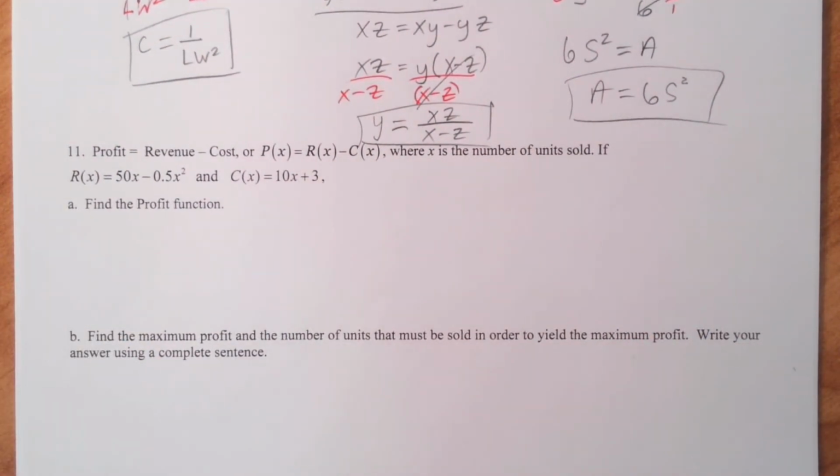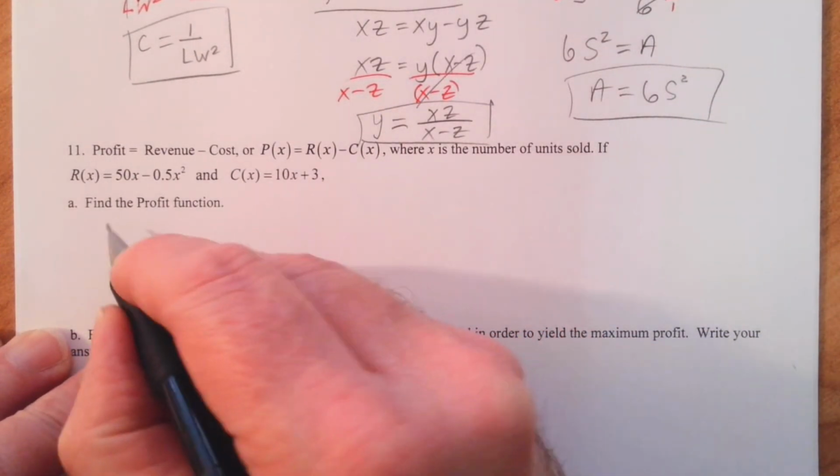So here we have a profit formula here. Notice profit is revenue minus cost. And then we're going to have to look in part B. We're going to have to find the maximum profit. So first of all, we need to find the profit function.